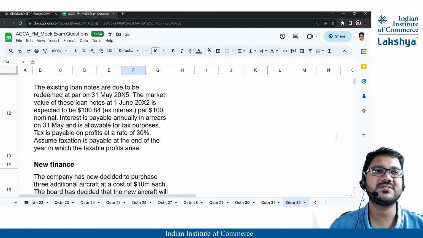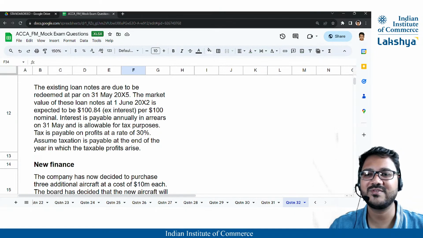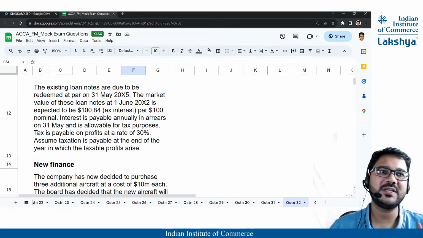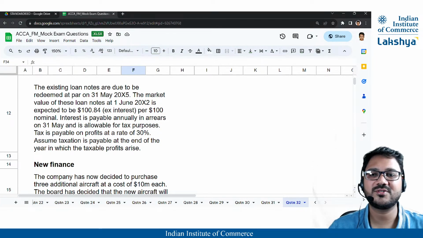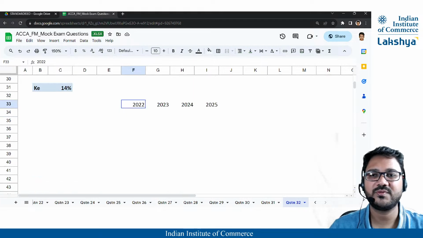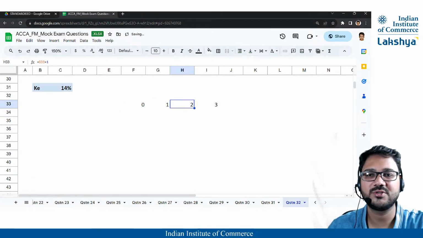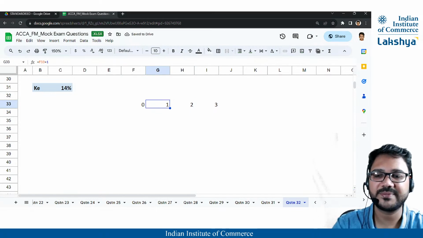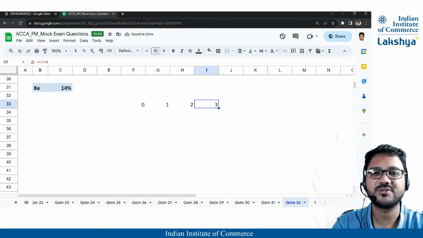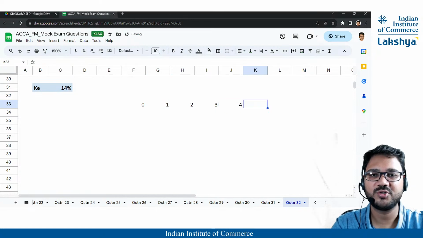Okay, so here there is a small trick they have used. If you see that interest is paid annually in arrears. Normally, year 0 is there, then year 1, 2, 3, 4 is what you will do.